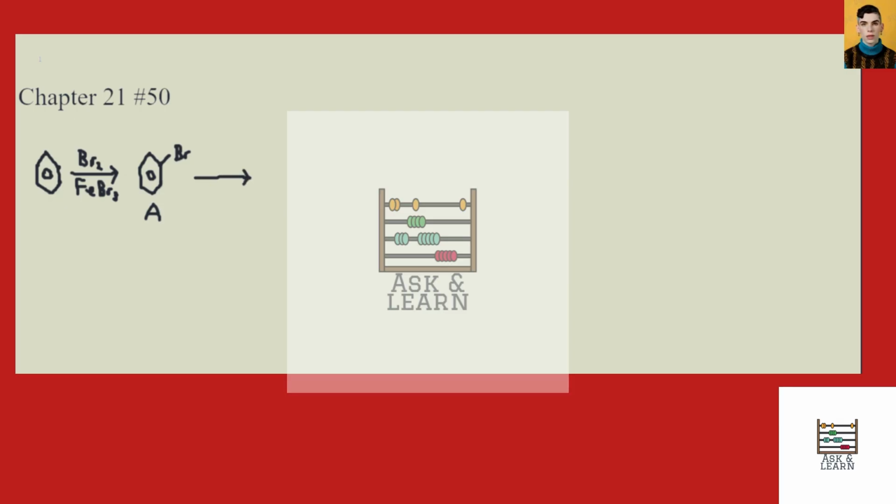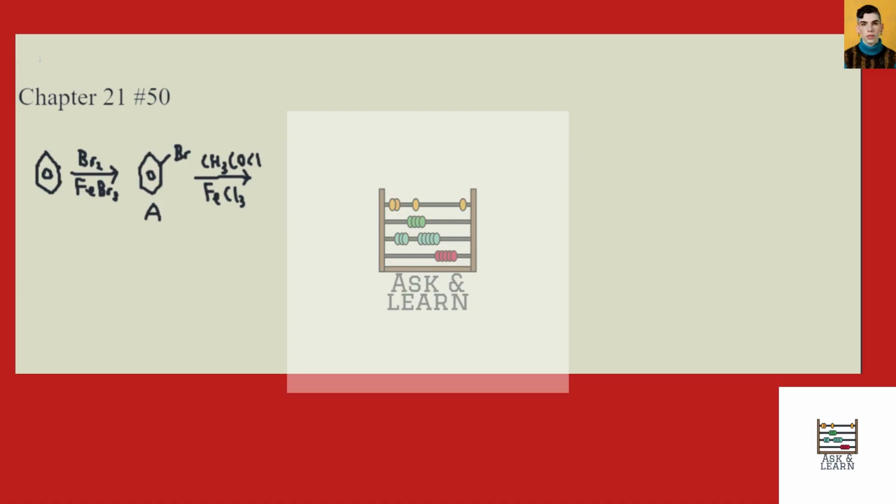So from intermediate A to intermediate B, it looks like we're doing a Friedel-Crafts reaction. And the way that you know that is because we're using an acid chloride and we're using aluminum trichloride. And so those are indicators that this is a Friedel-Crafts type reaction. So CH3COCl and iron 3 chloride.